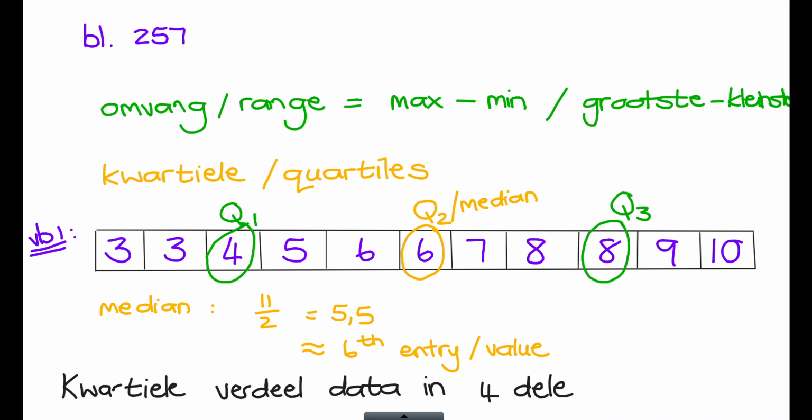Right. Now, you will see that they also talk about interquartile range, interkwartiel variasiewyte. Nou, ek gaan hom nou skryf op die volgende bladsy. Is daar iemand wat nog hier skryf? Anyone still copy?